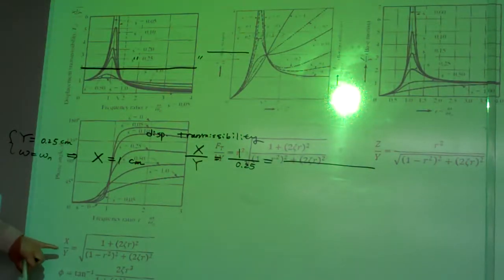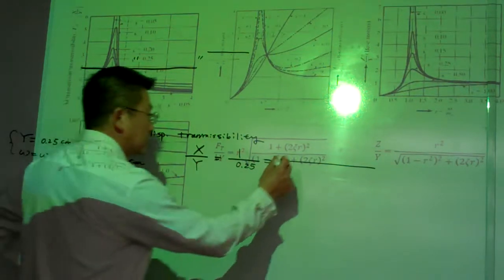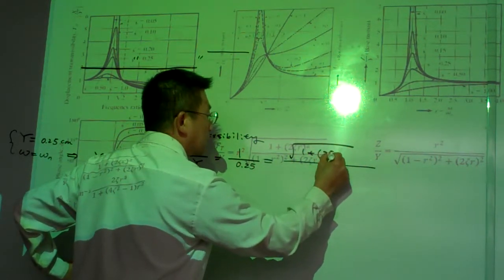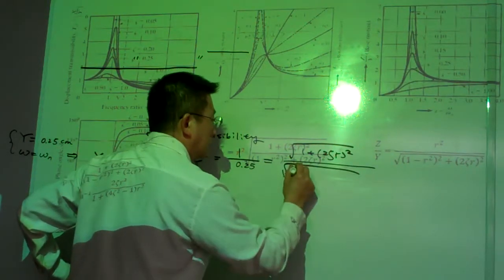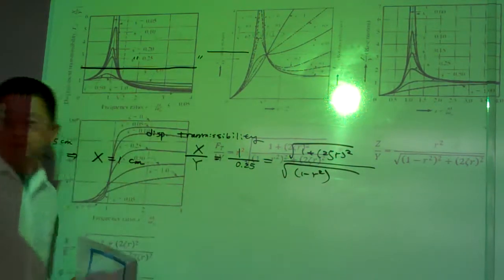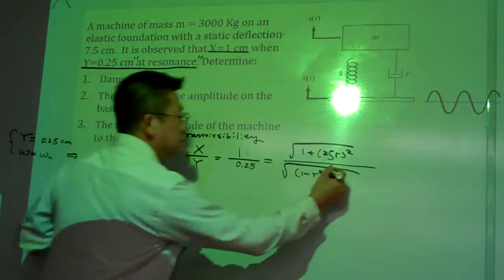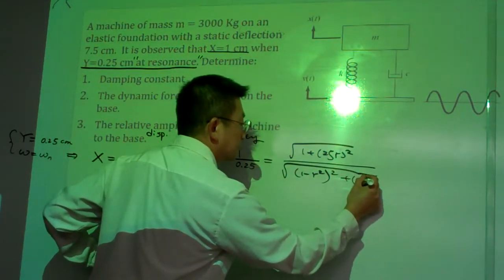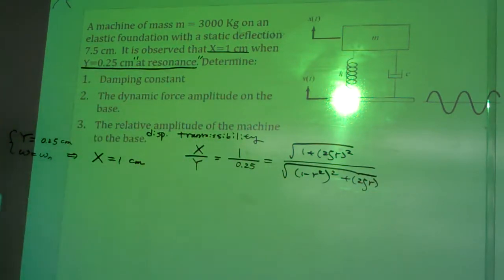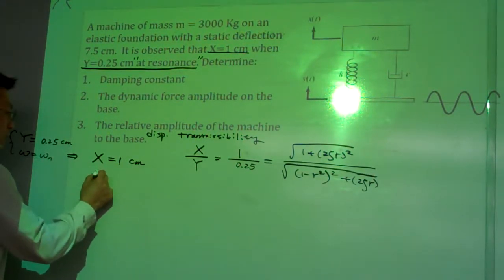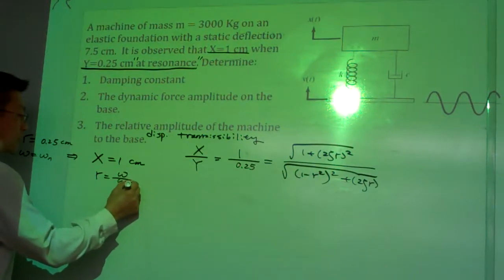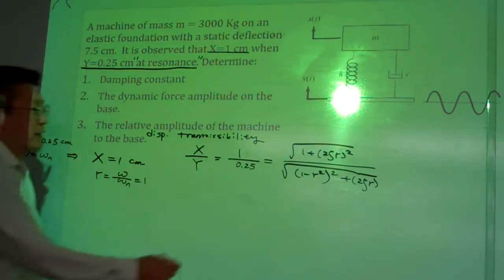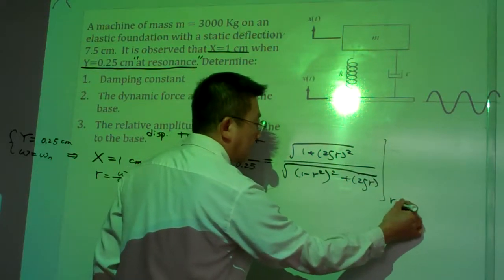So here we adopt this equation, let me write it up here quickly: the square root of (1 plus (2 zeta r) squared) over ((1 minus r squared) squared plus (2 zeta r) squared). Because this is obtained at resonance, we have r equal to omega divided by omega n equal to 1. So we calculate these numbers at r equal to 1.